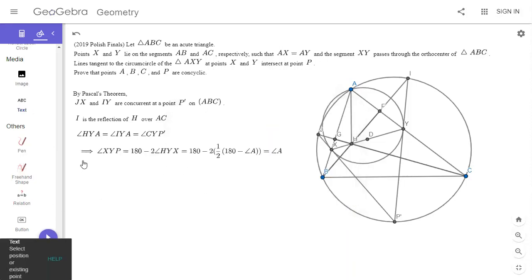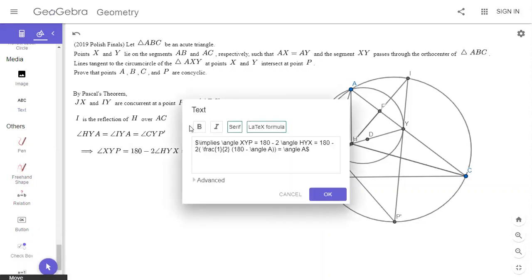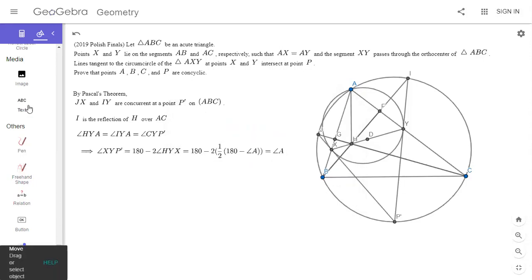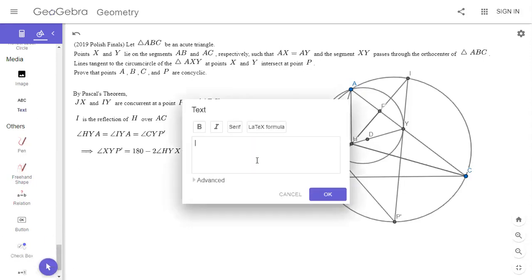And then similarly, that means that P prime, I'll call this P prime. So P prime Y is tangent to the circle.